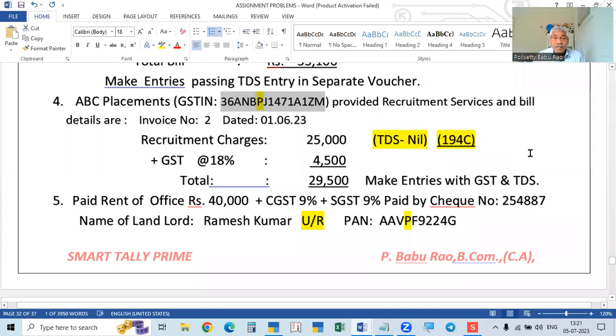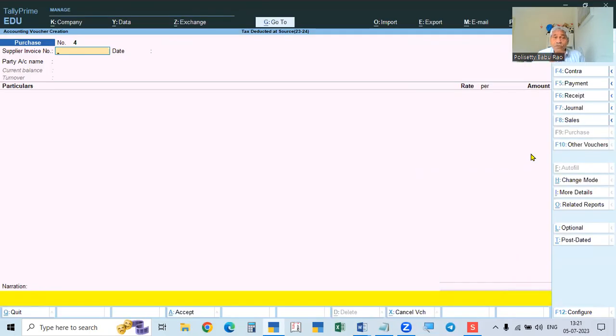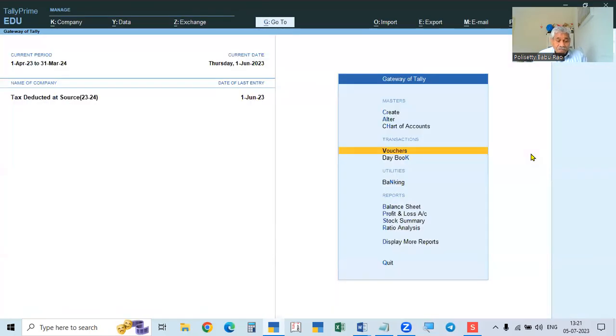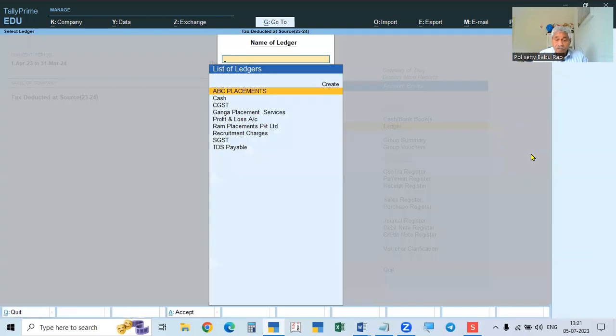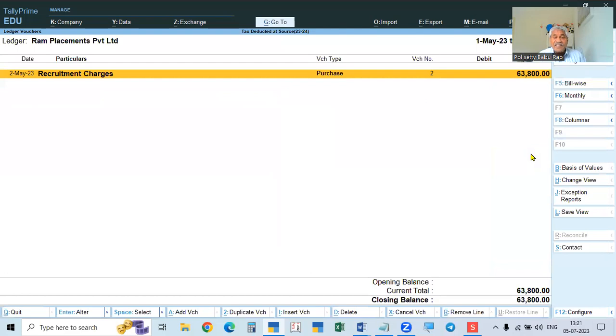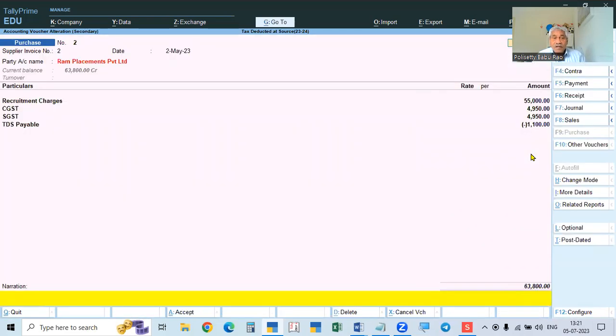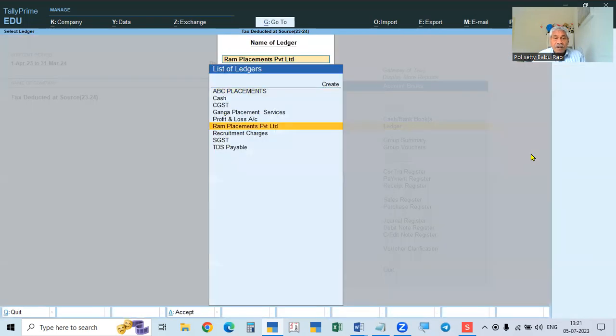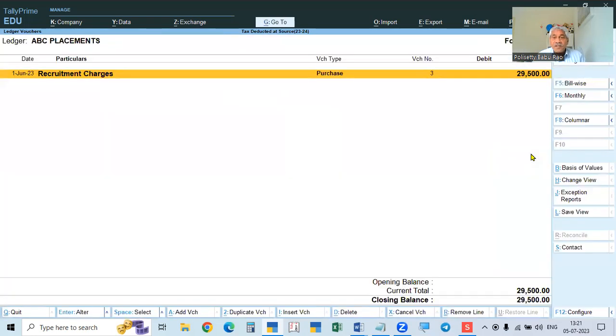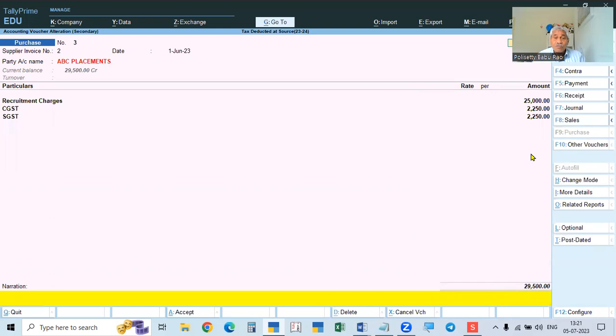Suppose in any case, as I told you, I will go to a RAM placement, for example, the company and ABC placements, it is an individual. So it is 25,000 now.